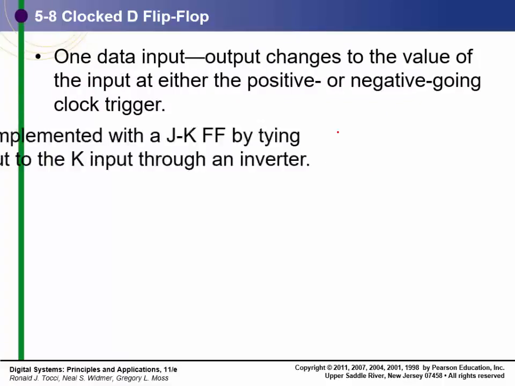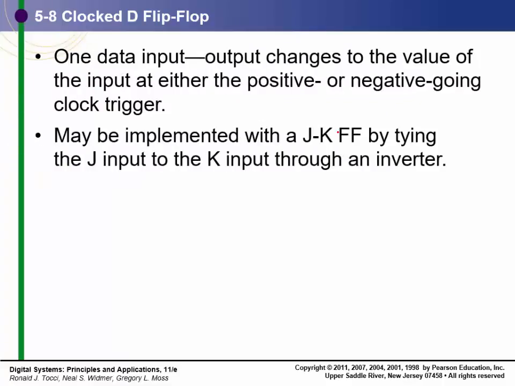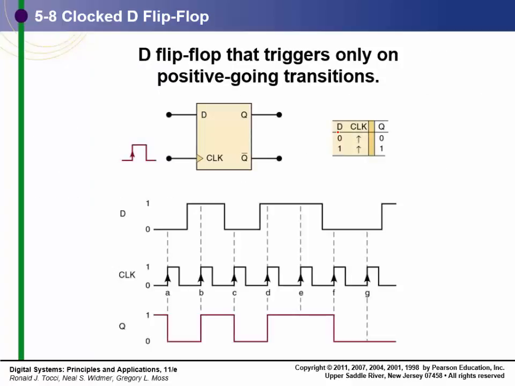Okay, the D flip-flop may be implemented by tying a JK through an inverter, and it's used for parallel data. D flip-flops are very commonly used for shift registers, and we'll talk about shift registers, because they are a very common way of converting serial to parallel data.